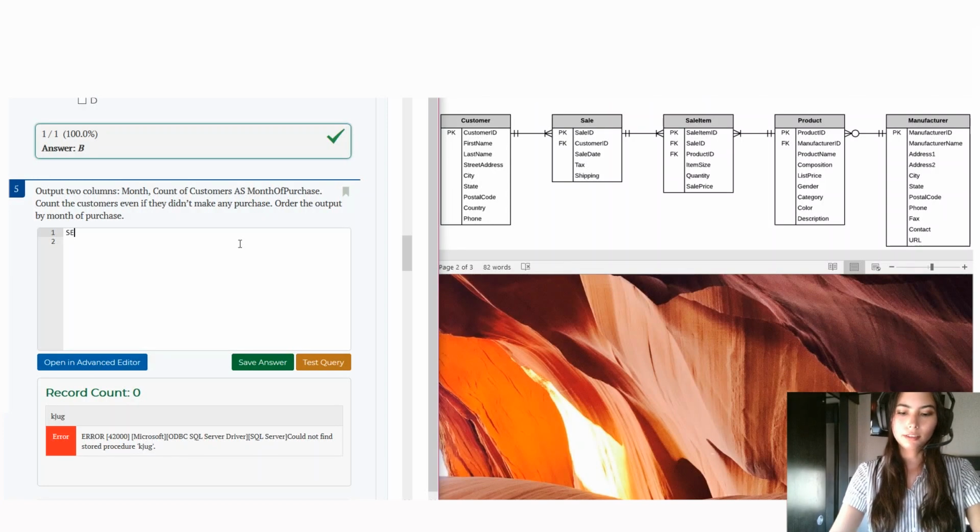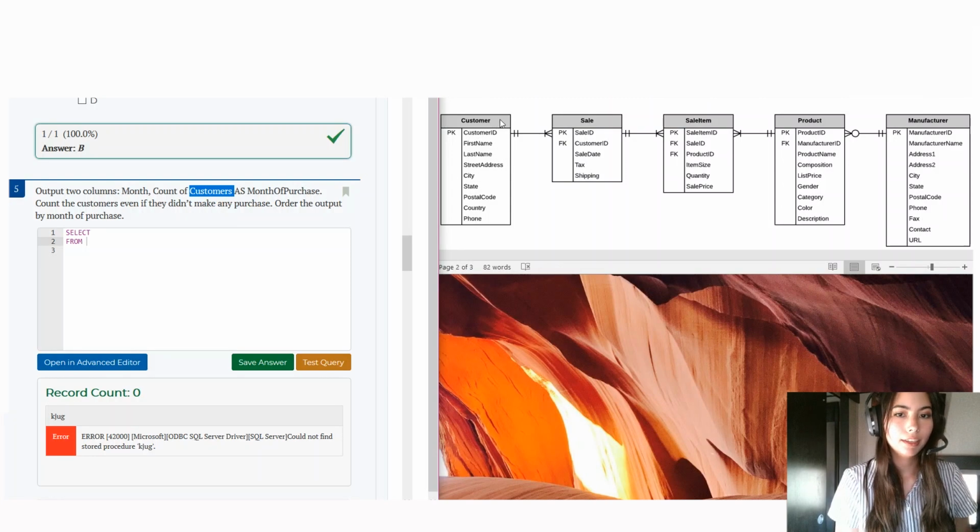Let's start with our clauses. Select, from, and don't move on to where just yet because I'm thinking we're going to have to join 2 entities together. Output 2 columns, month, count of customers. So I know that I'm going to need a date. And I know that I'm going to need customer information.